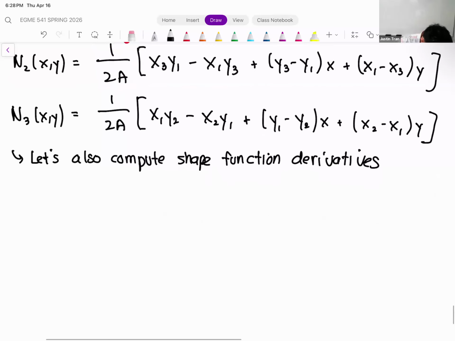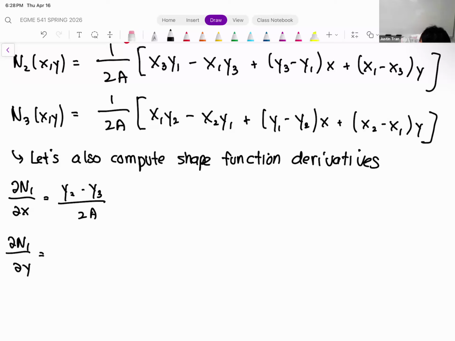First we have partial N1 partial x, which is equal to y2 minus y3 all divided by 2a. We also have partial N1 partial y equal to x3 minus x2 divided by 2a.